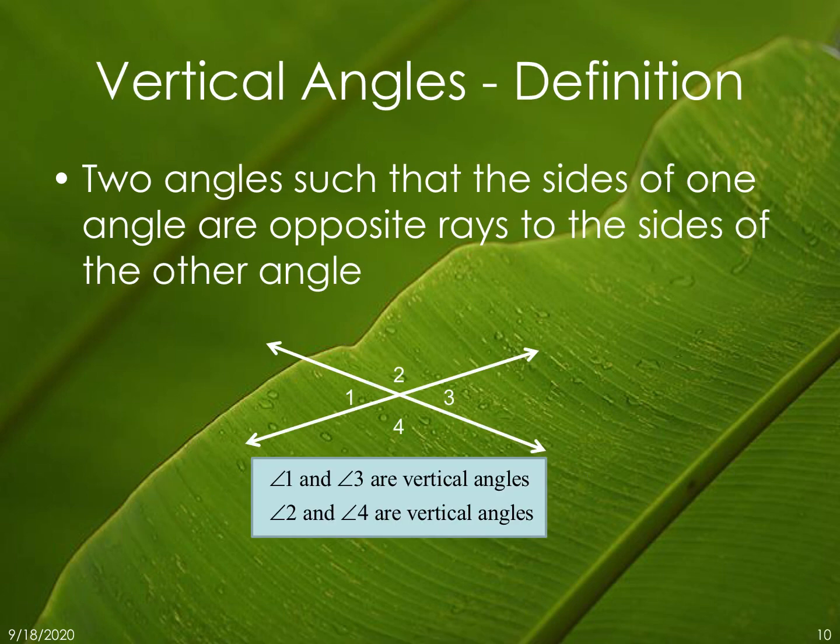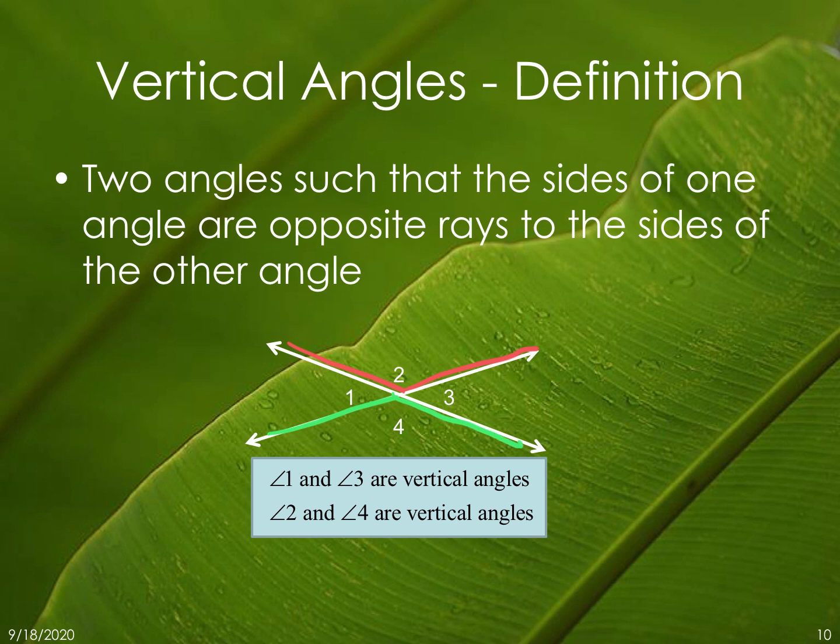So for the vertical angles definition, we already saw this. This is just telling us how vertical angles are formed. And there are 2 angles such that the sides of one angle are opposite rays to the sides of the other angle. So if I go ahead and trace over the first one and show how angle 2 is formed, and then angle 4, notice their sides are opposite rays.